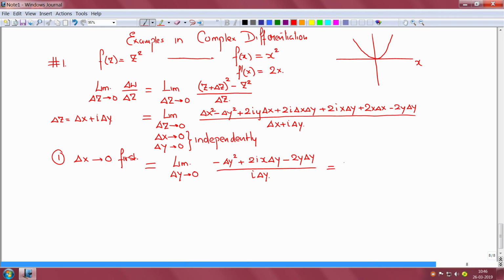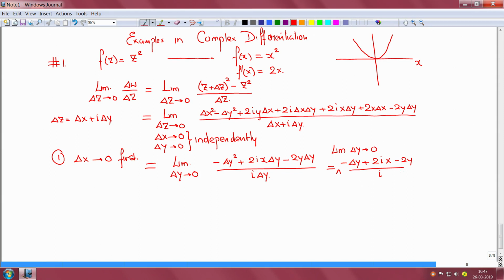I will get minus delta y plus twice I x minus twice y divided by I, with limit delta y tending to 0.